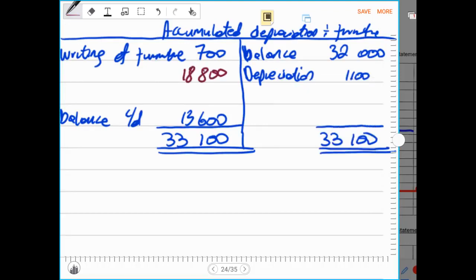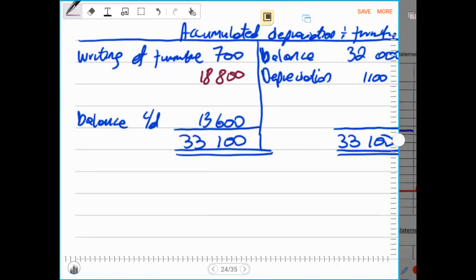It will be the accumulated depreciation for the furniture that was sold for 8,000. So this will be asset disposal, because this furniture was sold. The minute you get the difference on the debit side, it is the accumulated depreciation for an asset that was sold.